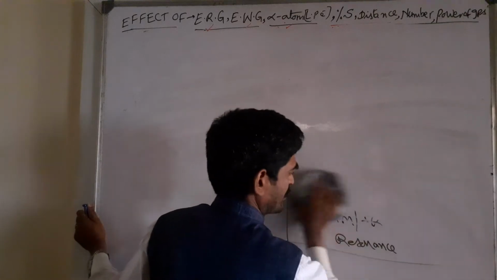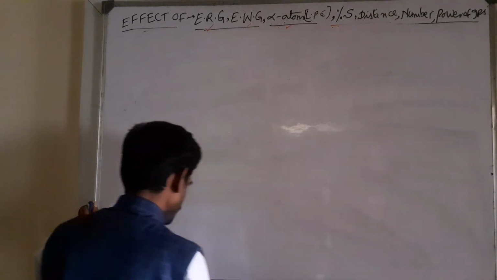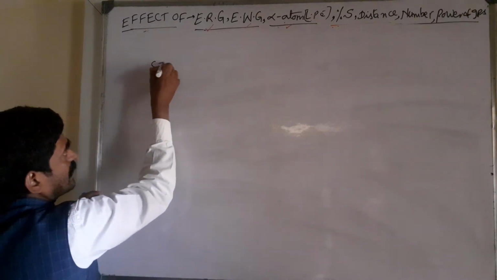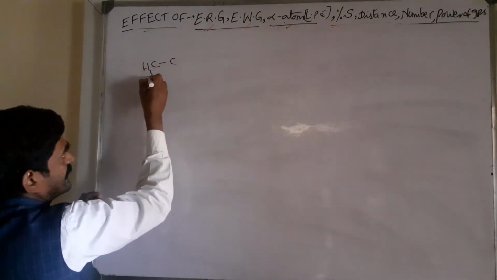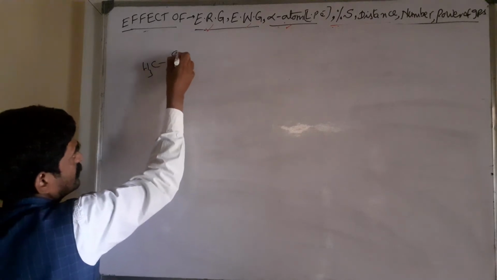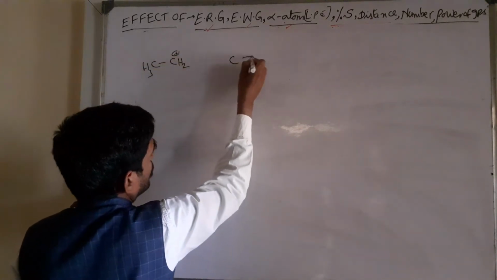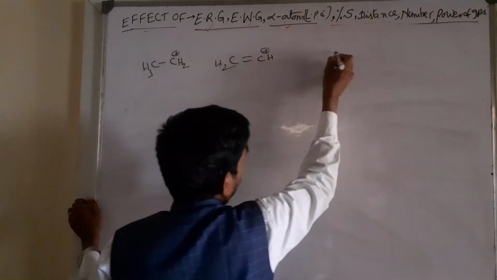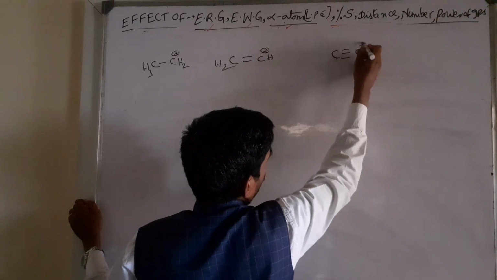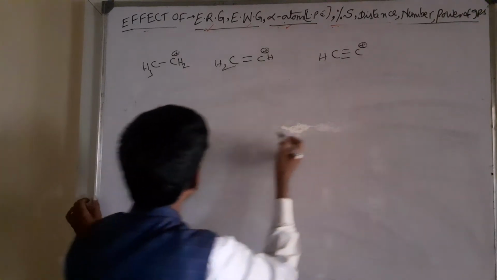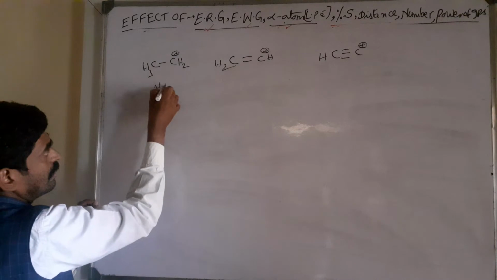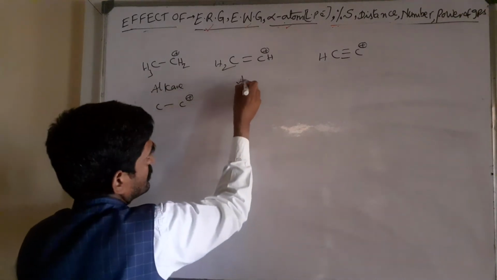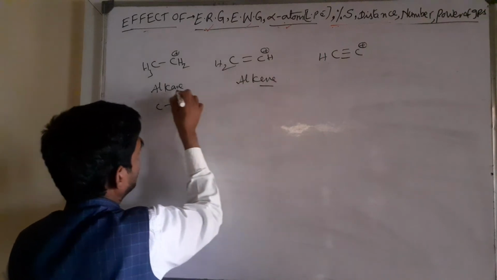So for example, take it here: a carbon single bond, that is CH3CH2+, and a carbon double bond, here CH+ and here CH2, and a carbon triple bond, here a positive charge and here H. So these are alkanes: a carbon single bond is there and it is carrying a positive charge, and this has a carbon double bond, that is an alkene.